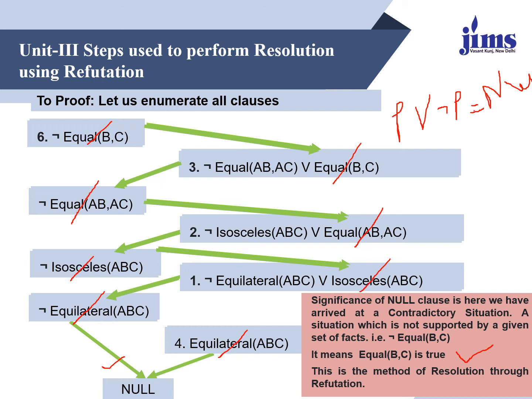If ABC is an isosceles triangle, then sides AB and AC are equal. If sides AB and AC are equal, then definitely angle B and angle C are also equal. So this is how we have resolved the problem. And as we started with the negative statement, we say that we solved using refutation, because we have used the negative statement.